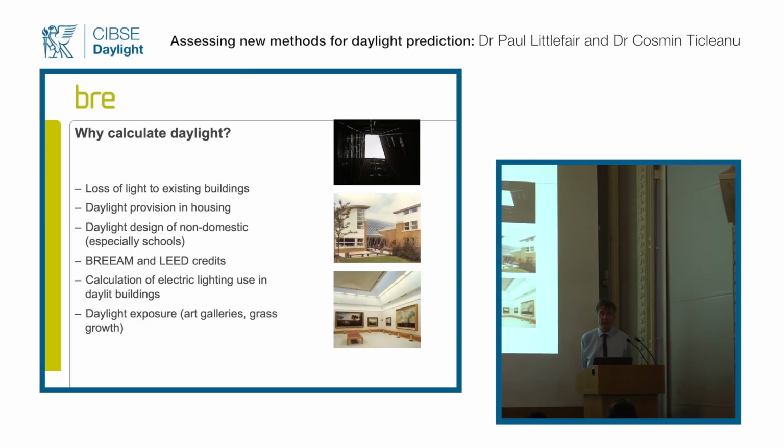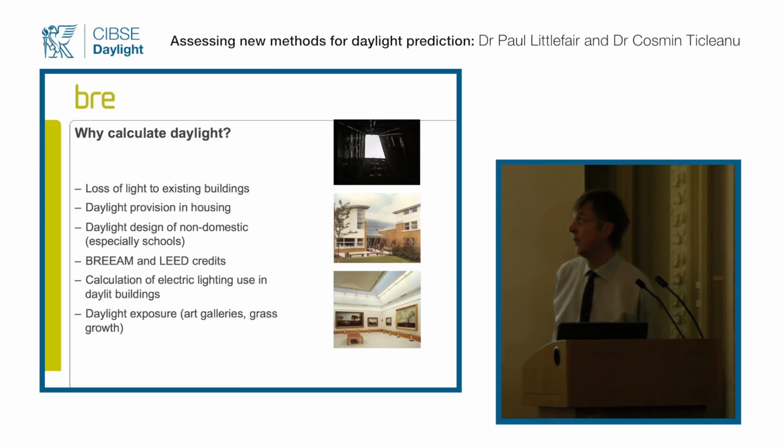Often people miss out the daylight credit because it's too complicated, and that's a bit of a shame, especially because they're using a quite simple average daylight factor calculation. So there's a danger that if it went over to a compulsory climate-based daylight metric, people just wouldn't bother with the daylight credit at all because of the increasing complexity of climate-based calculation.